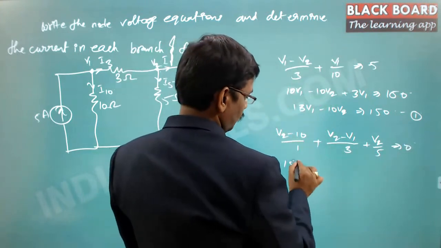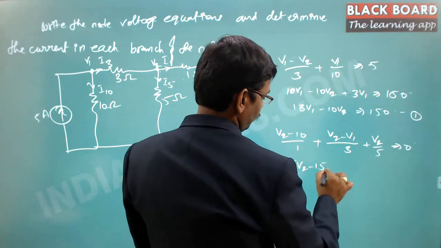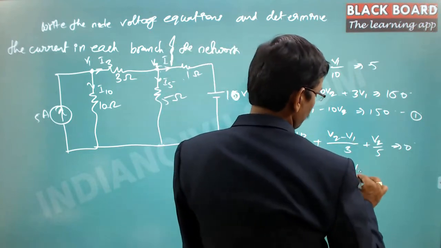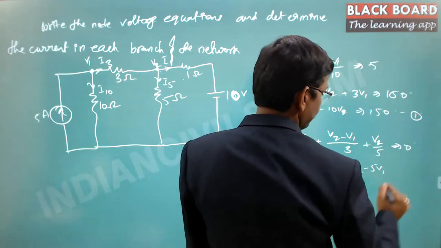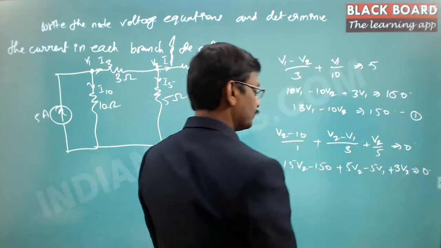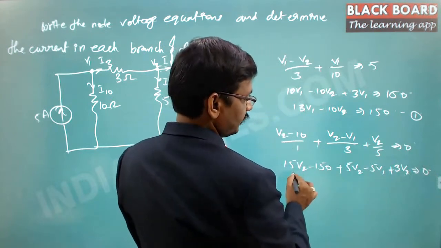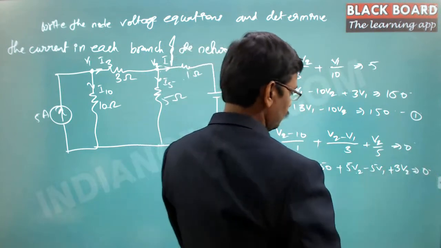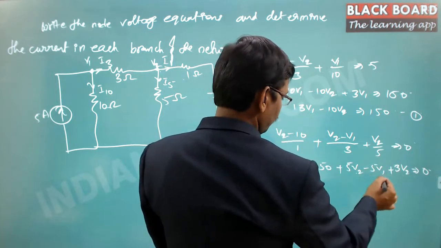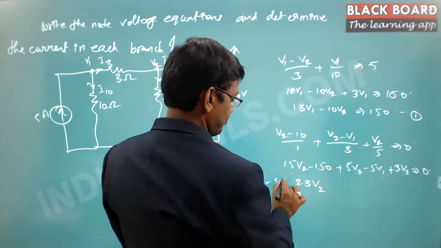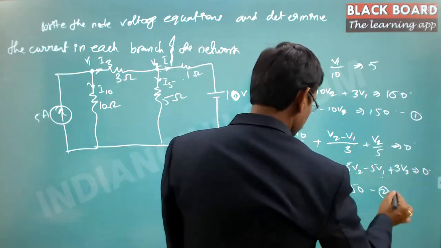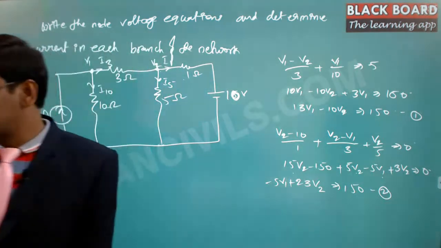So this is 15 V2 minus 150 plus 5 V2 minus 5 V1 plus 3 V2 is equal to 0. So 15 V2 and 5 V2 plus 3 V2, this is 23 V2 minus 5 V1 is equal to 150. So this is equation number 2. These two are the nodal equations.